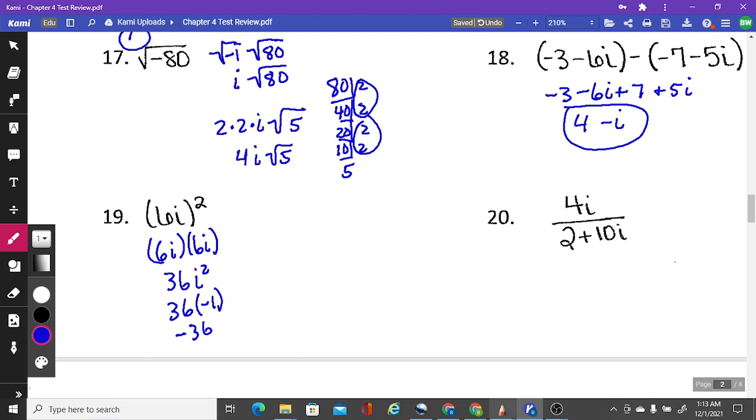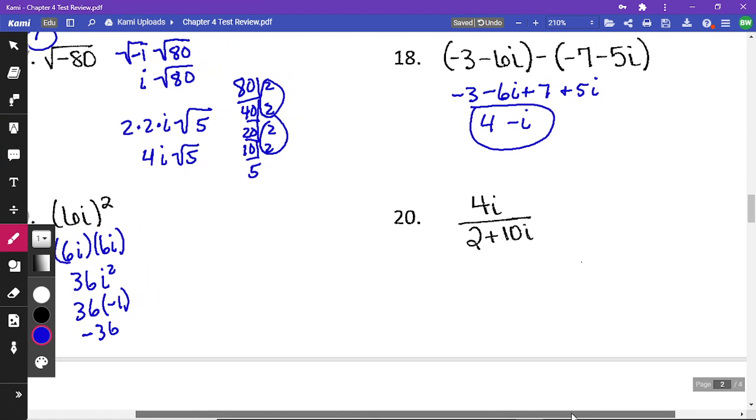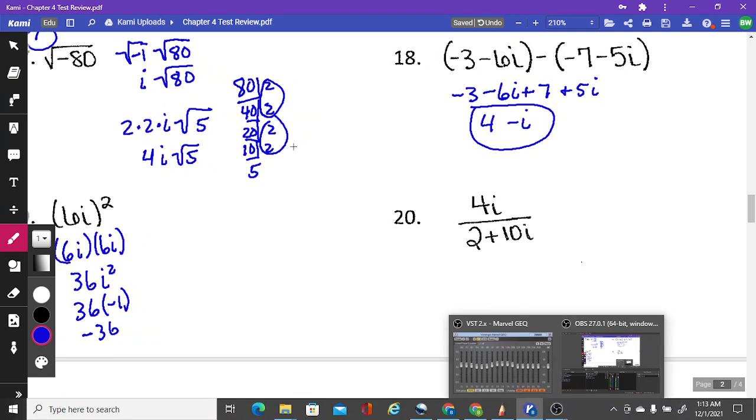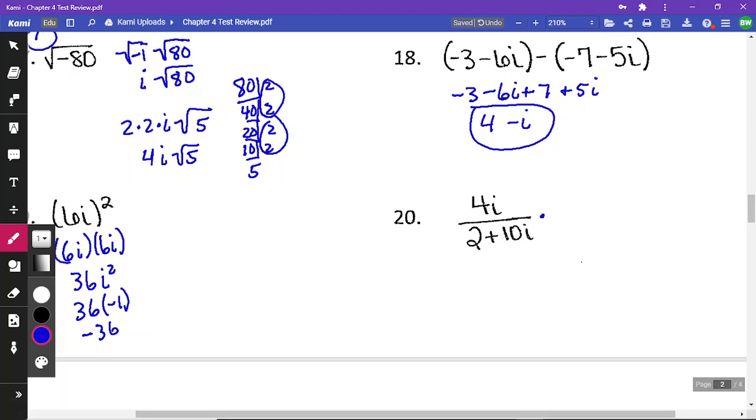So how do you do division? Remember, you multiply numerator and denominator by the conjugate of the denominator. The conjugate will be the complex number that when we multiply it by the denominator, we will not have a term with i.